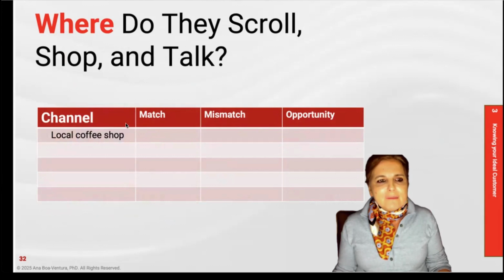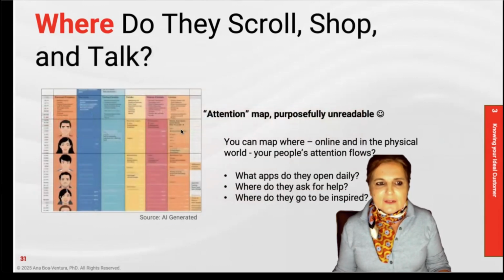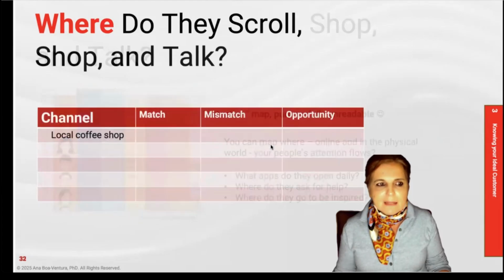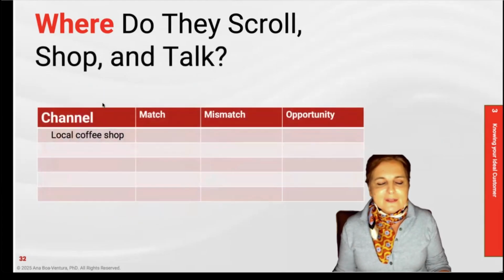So for example, this is a different interpretation of this attention map, but it's really very much the same idea. Channel, let's think of a local coffee shop, but it could be the TV, Instagram, Facebook, a newspaper. And then in the other columns you have a match, a mismatch, and an opportunity.